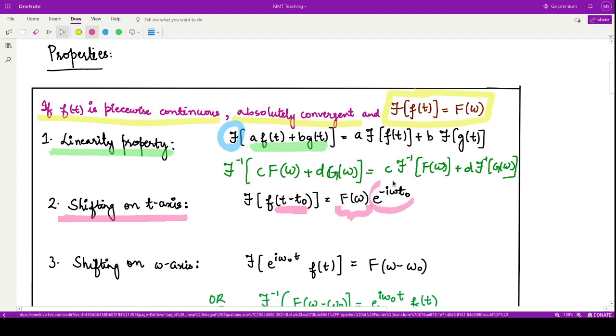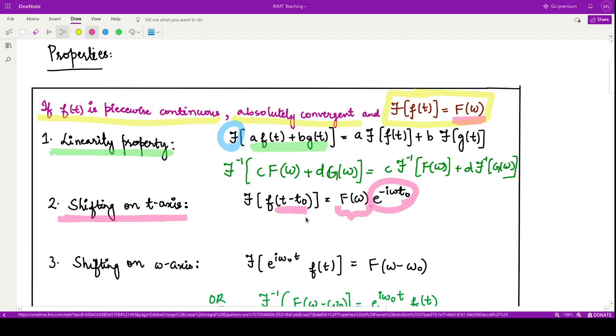So this term is additional here. That means you do not have to calculate the Fourier transform of this function again. You just obtain it by using the Fourier transform of the given function f of t. So this property is quite useful.